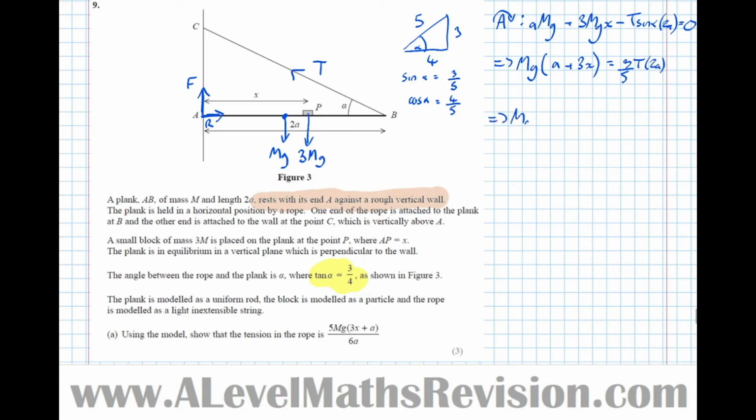Just tidying up a little bit again, mg(a plus 3x) equals, so 2a times 3 is 6aT over 5, then times by 5 over 6a, which gives us 5mg(a plus 3x) over 6a equals T, which is what we were asked to show. And I really should label that part A.